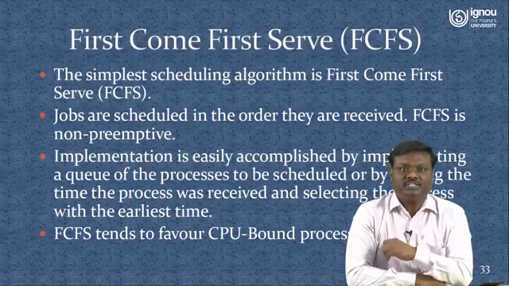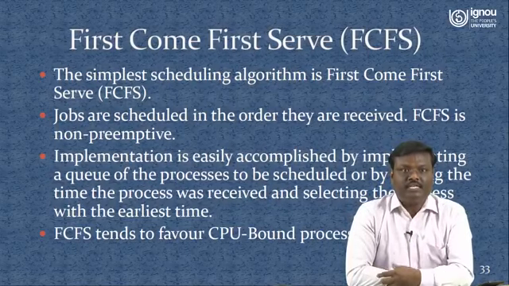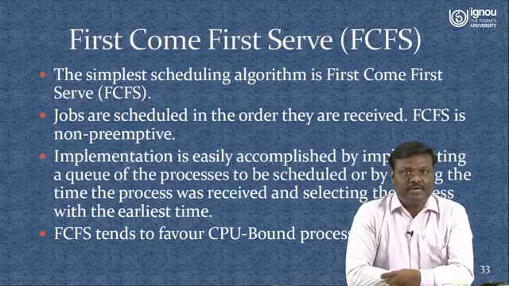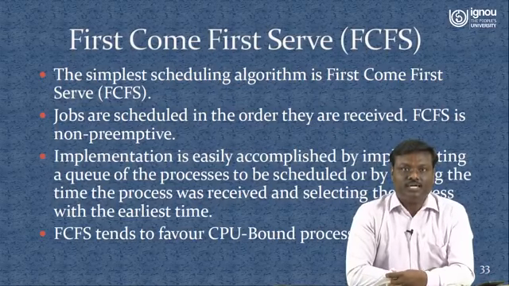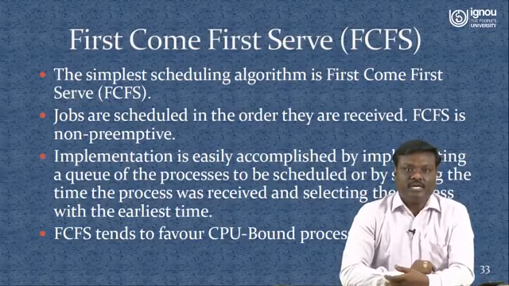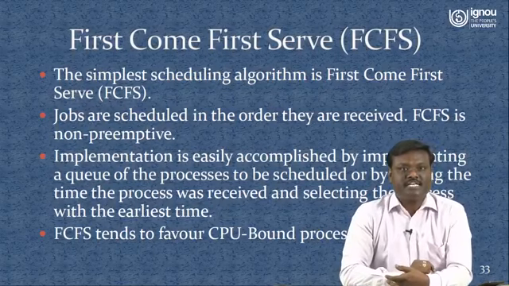So implementation is very easy, and a queue of the processes will be maintained, and depending upon the queue that is being maintained, the CPU is allotted to them in the same way and the job is completed. So FCFS tends to favor CPU bound processes.